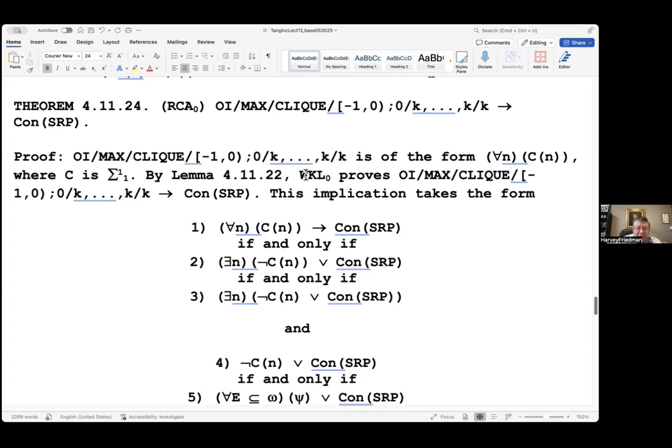And we know that WKL naught proves, by the reversal, that our statement implies con SRP, right? So what does this implication look like? It's for every n C of n implies con SRP, right? And that's the same as there is an n not Cn or con SRP by logic.